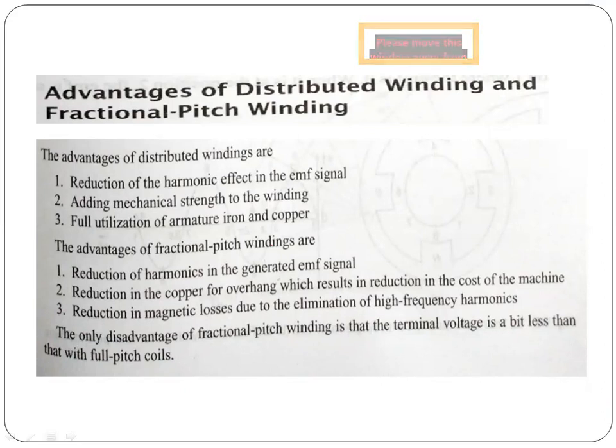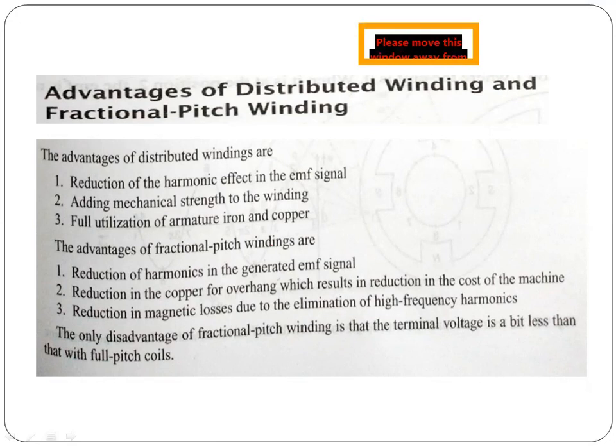The advantages of distributed winding are: first, reduction of harmonic effects in the EMF signal. Second, adding mechanical strength to the windings. Third, full utilization of armature iron and copper.